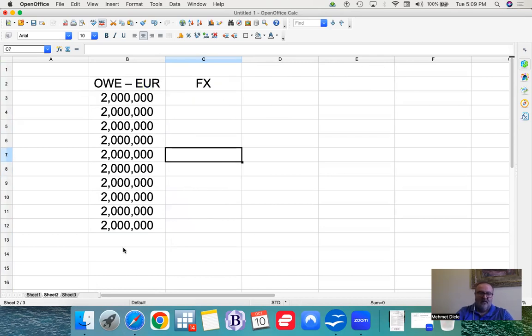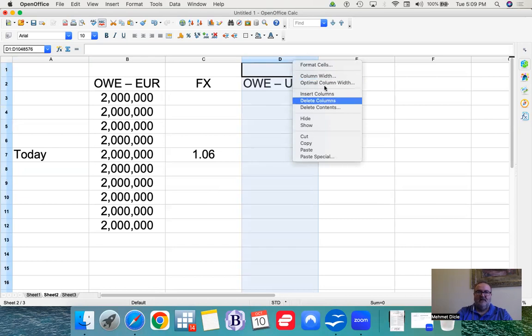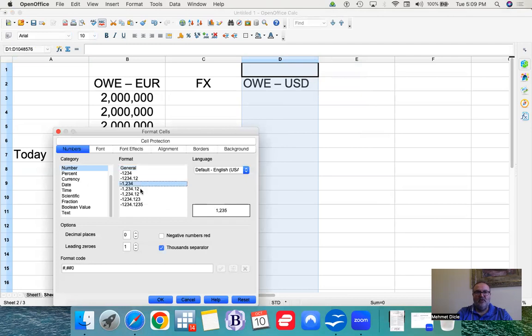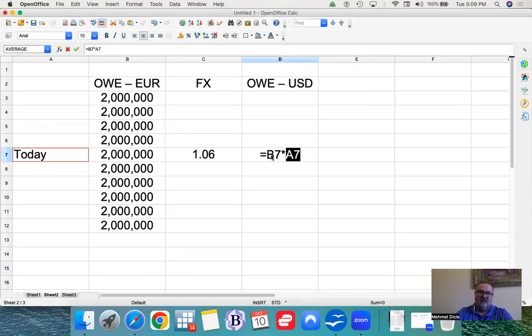So let's start with 1.05, and let's say that that's today. In fact, let's be more realistic. We started out with 1.06. So what we owe now in US dollars, basically looking at what we owe in euros corresponds to this many dollars.